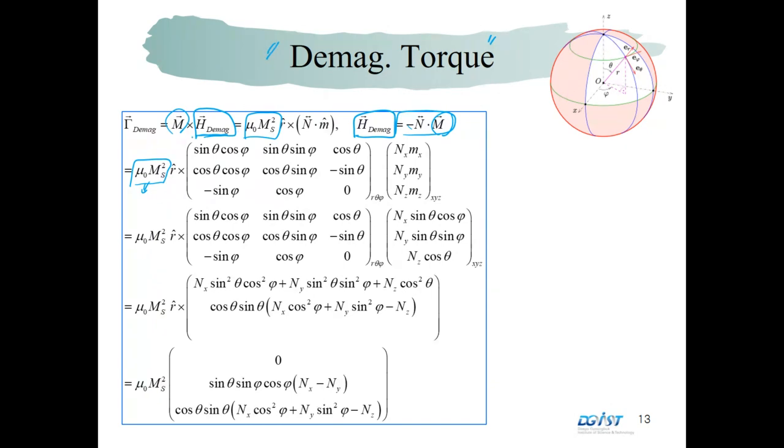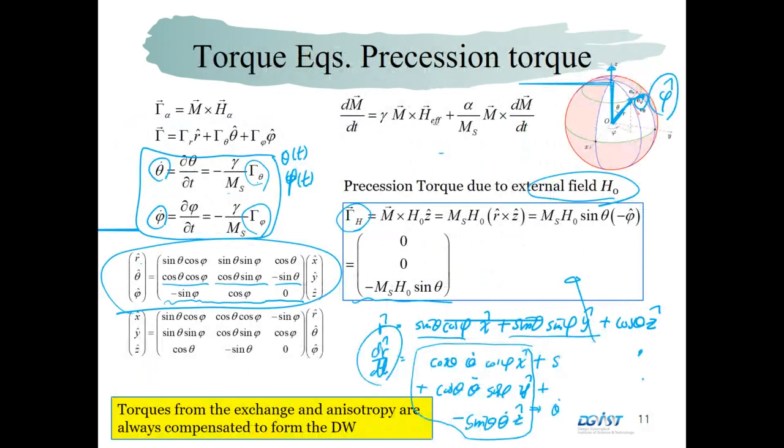Here, this m vector generates the r vector, and this term gives us Nx mx, Ny my, Nz mz. This means this external field, the dynamic field, has x component, y component, and z component of this form. And this matrix is nothing else but this one.